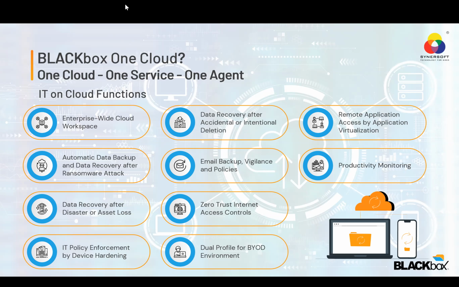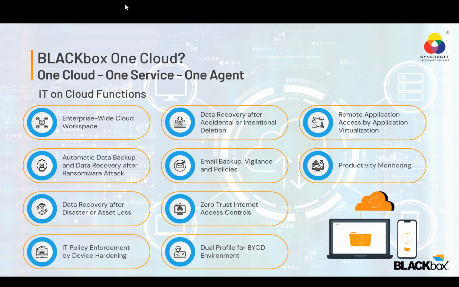So BLACKbox OneCloud is basically an answer to this. It makes it very convenient, very simple, and of course very cost effective, because you don't have to pay for so many agents or so many cloud services, you just have to pay for one agent license and one cloud service. We will see how.